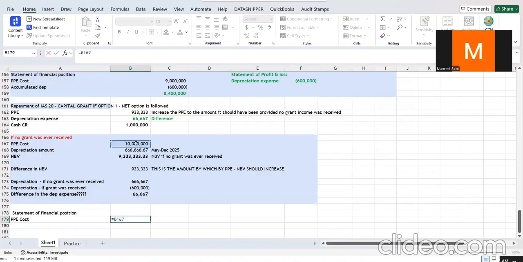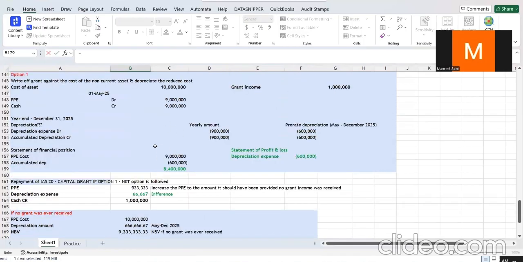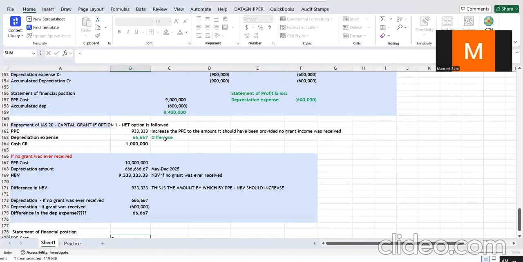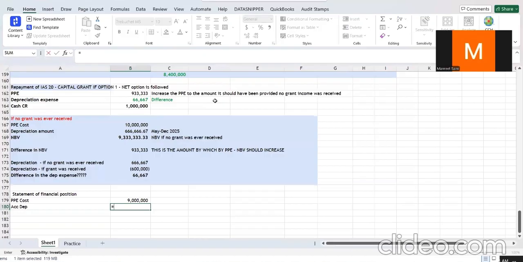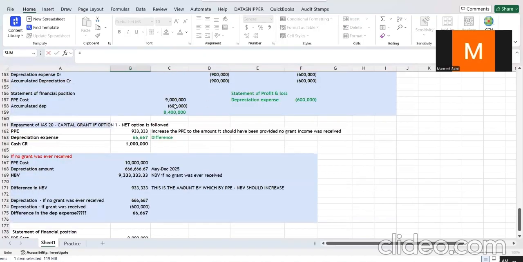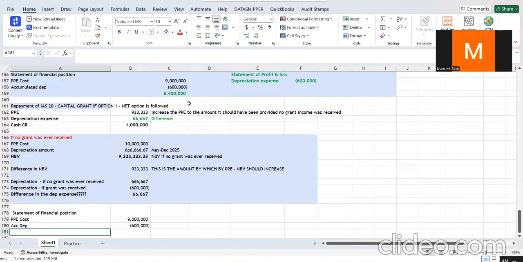Guys, wait, I will show you from my original position to the adjusting entry that we posted. So at December 31st, year one, my PP&E cost was this much, right? And my accumulated depreciation was this much, right?